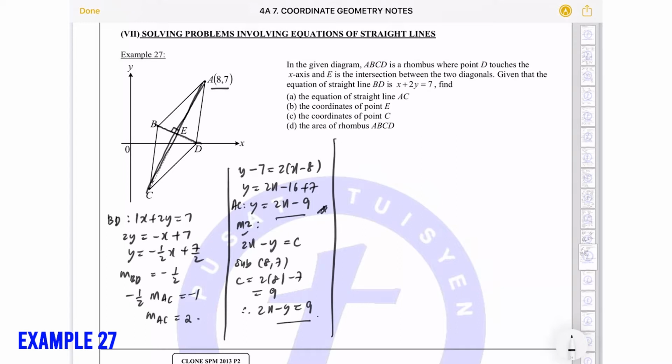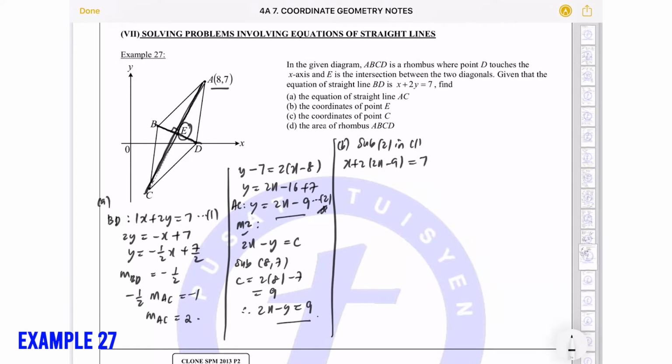Next, we're going to find the coordinates of point E. We know AC and BD intersect each other at point E here. To find E, we just solve them simultaneously. Call this equation 1 and this equation 2. I substitute equation 2 into equation 1. So I'm going to write x first, plus 2y, where y is 2x minus 9.